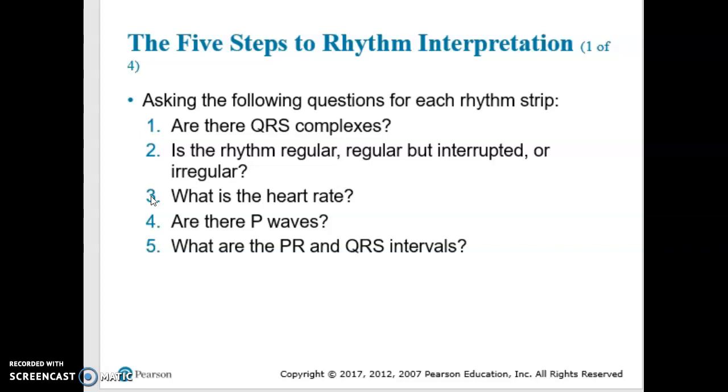And we do that because that rhythm is irregular. We need to know what the slowest and fastest rate is. But if that rhythm is regular, it's perfectly regular, you just use the little block method and move on.